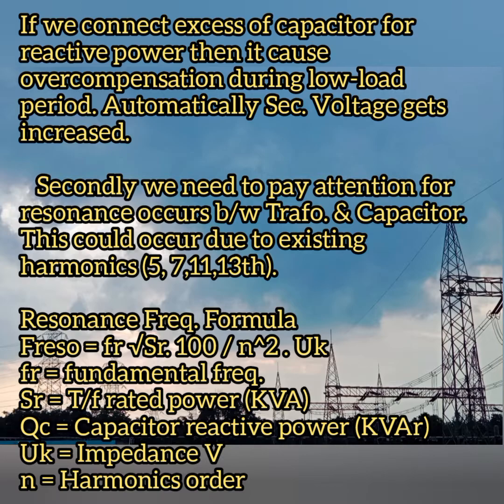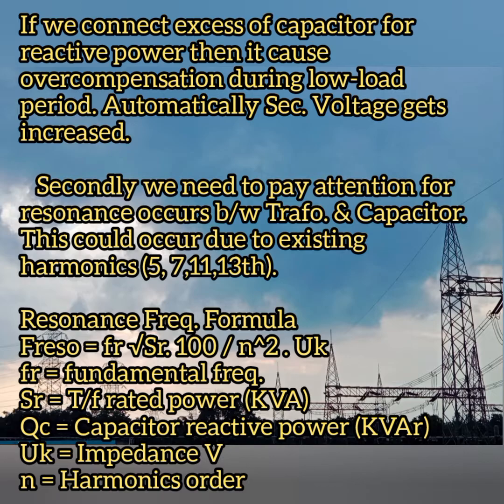If we connect excess capacitance for reactive power, it causes overcompensation during a low load period, which means the secondary voltage automatically increases more than the level the load needs. Secondly, we need to pay attention to resonance occurring between the transformer and the capacitors.